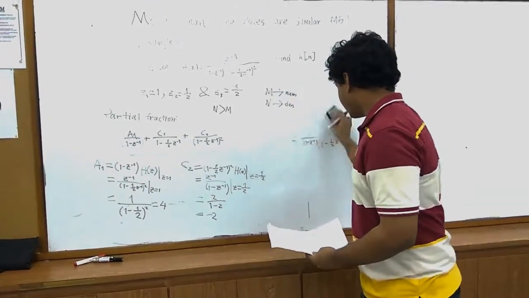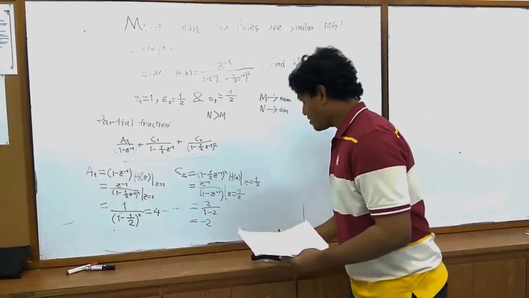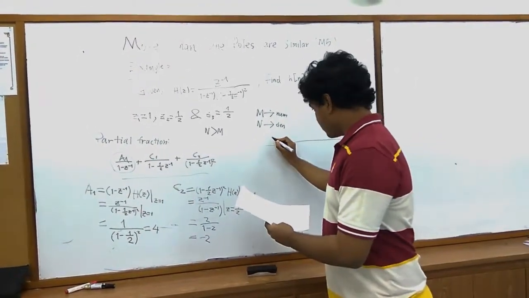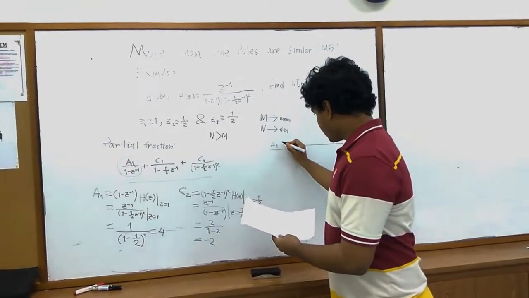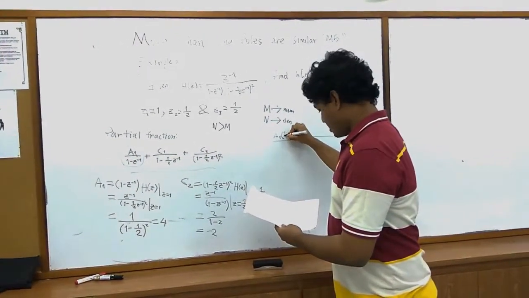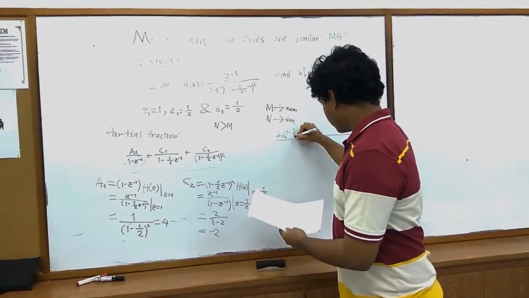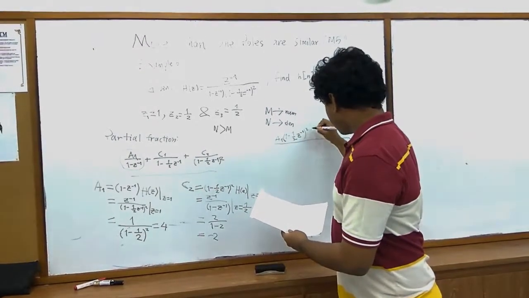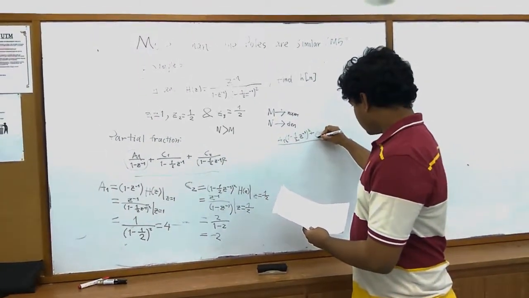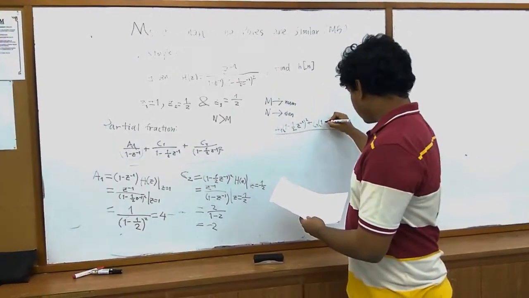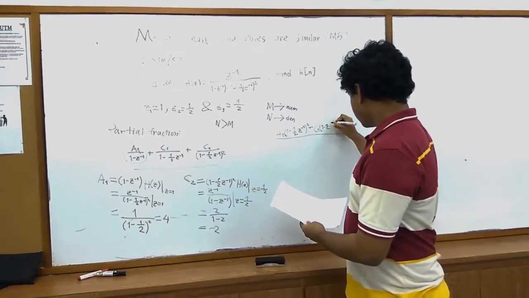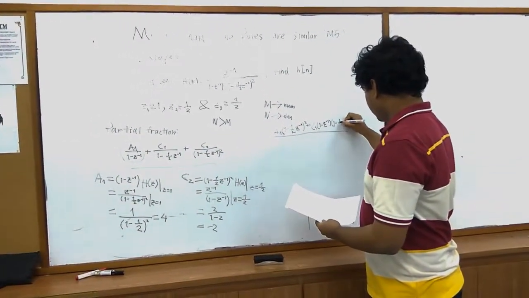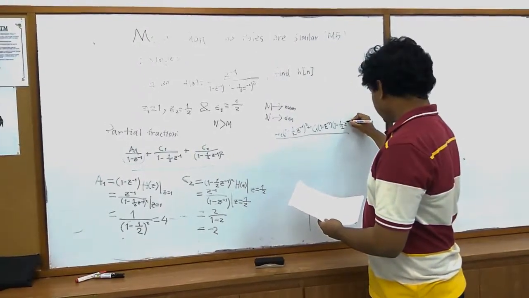So let's erase this, and we'll combine this function: A1 times 1 minus 1 over 2 z to the power of minus 1, squared, plus C1 times 1 minus z to the power of minus 1 times 1 minus 1 over 2 z to the power of minus 1.